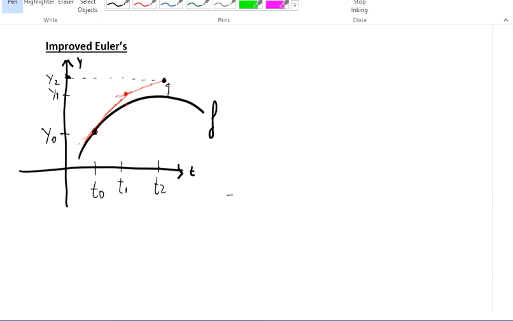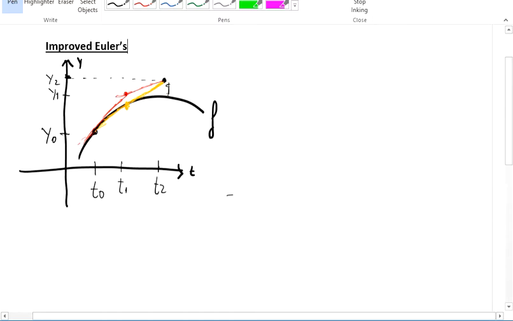I'm going to draw it from the point where I started, so that average will look more like that. Then I find the equation of that line and step up a delta t to here. And you can see a much more accurate prediction of what y1 would be if we did that.